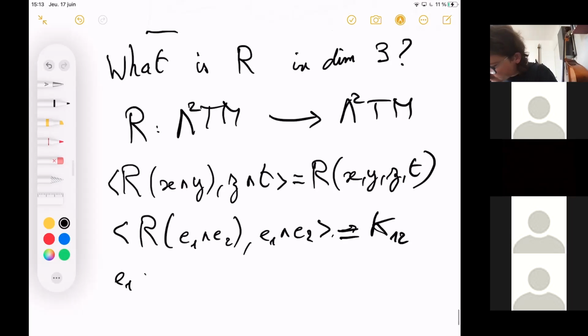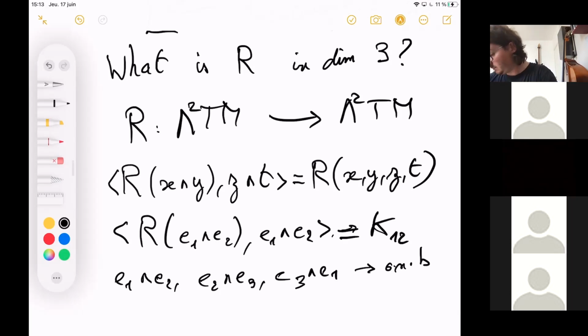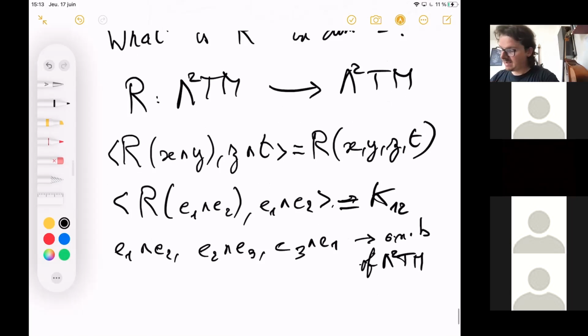Now, e1∧e2, e2∧e3. We're in dimension 3, so this is an orthonormal basis of lambda 2 of TM. This gets much more complicated starting in dimension 4, but in dimension 3, any orthonormal basis is of this form, for some orthonormal basis of R3.